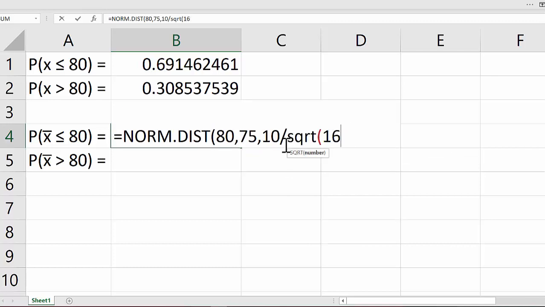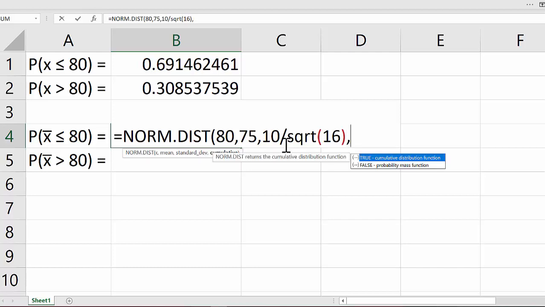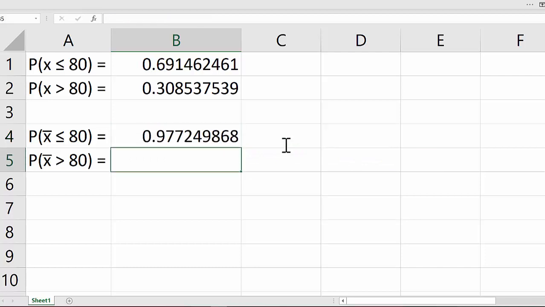You can actually just type that in there and let it do the math for you so you don't have to do that calculation in your head. And then comma true, close that off, and you'll see, wow, there's a lot of probability for the sample of 16 batteries to have an average life of less than 80, which means there's just going to be a small chance that 16 batteries together could have a life greater than 80 hours.